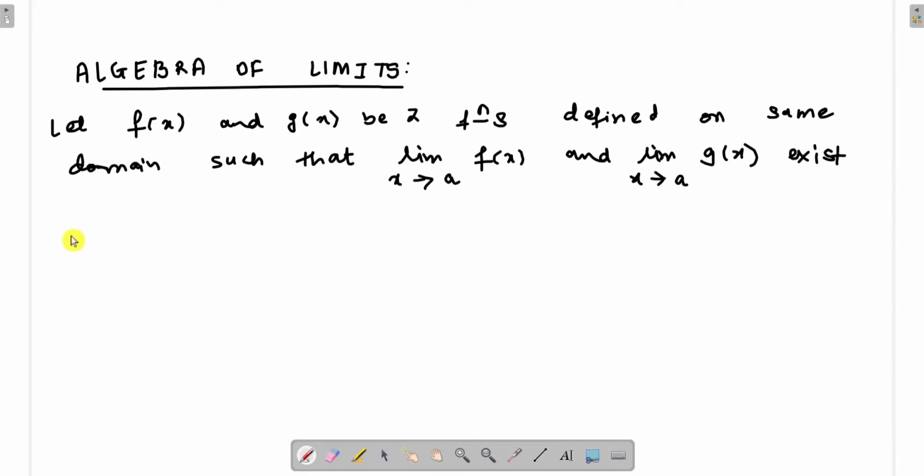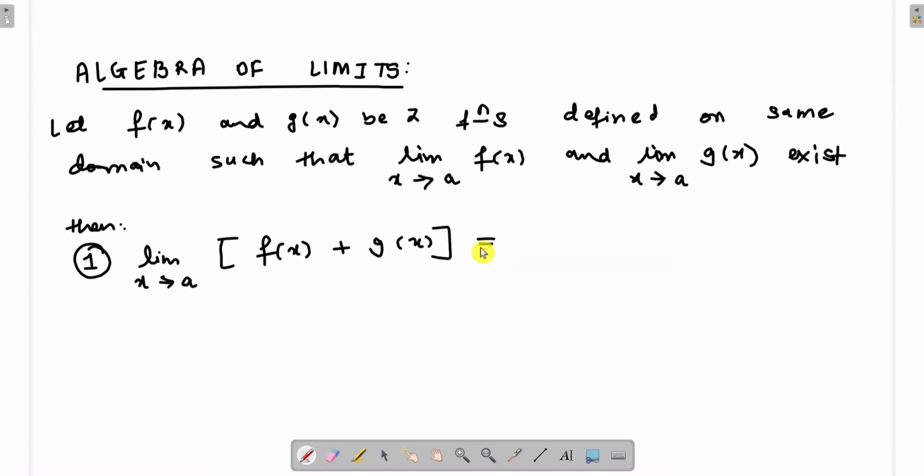So both the limits exist here. Then we have the following properties. The first one is limit x tends to a of f(x) plus g(x).